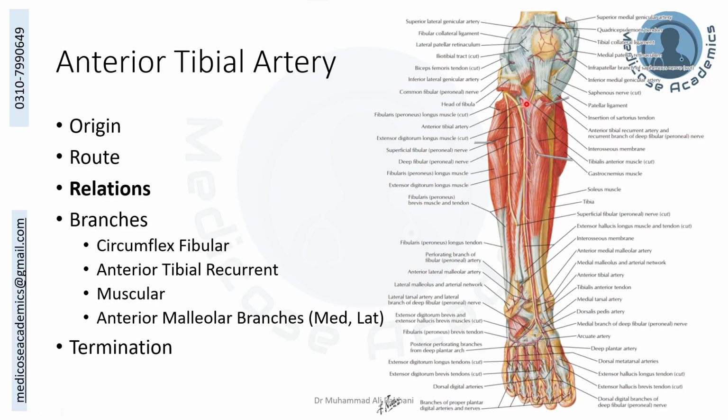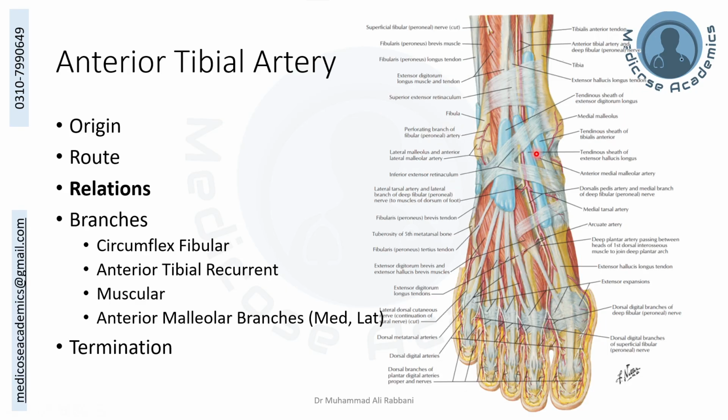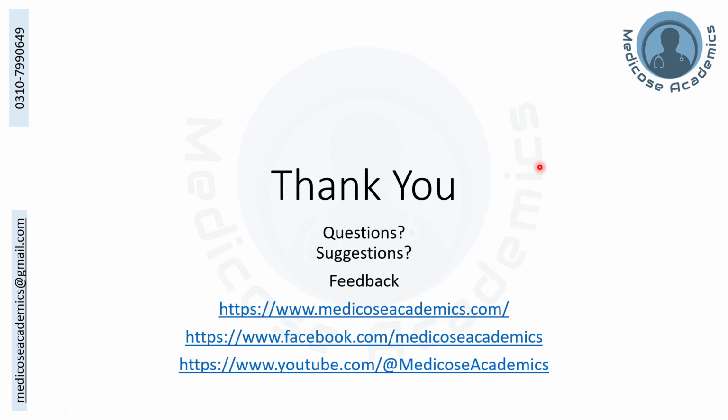Relations: on the posterior aspect, the interosseous membrane; on the medial and lateral aspects, three pairs of muscles: at the upper end, tibialis anterior and extensor digitorum; in the middle, tibialis anterior and extensor hallucis longus; and in the lowermost part, extensor hallucis longus medially and extensor digitorum laterally. The most important anterior relations are the extensor retinacula and the extensor hallucis tendon crossing at the lower end. So that is all about the anterior tibial artery. Next we will talk about the deep peroneal nerve.